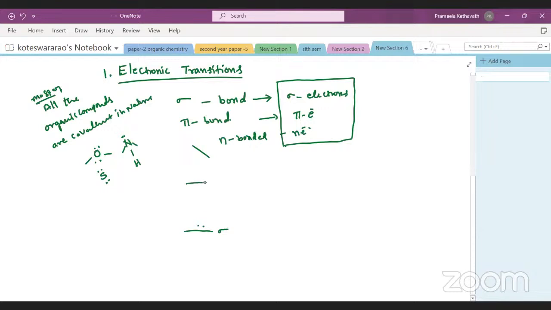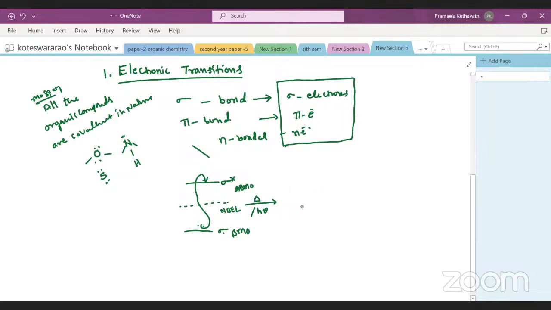Whenever we provide energy in the form of thermal or photochemical energy, one of the electrons gets excited. Now this level is called sigma star. The level in between is called the non-bonding energy level. This is the bonding molecular orbital energy level, and this is the anti-bonding molecular orbital energy level.